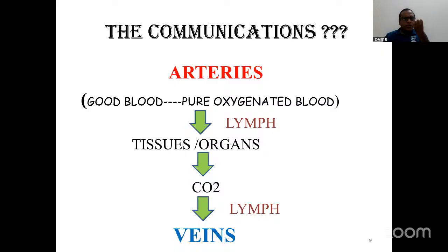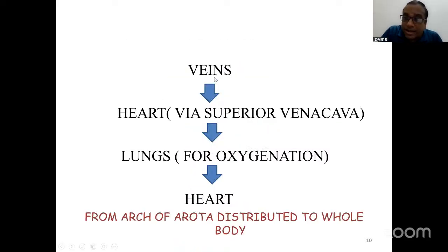From the artery, I took the good blood, I utilized it and gave out carbon dioxide. So carbon dioxide went to the veins. From the veins, it goes to the heart. This is your cardiac cycle, that is your physiology.